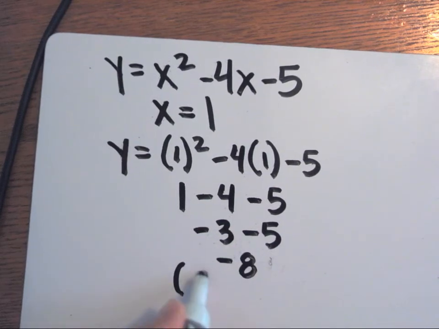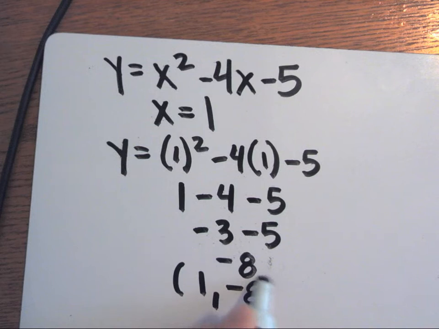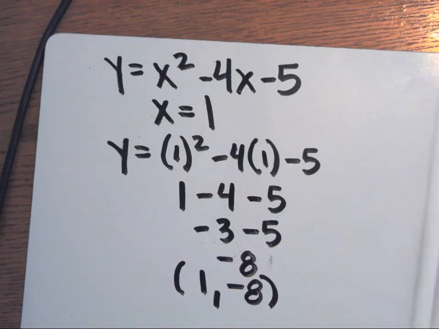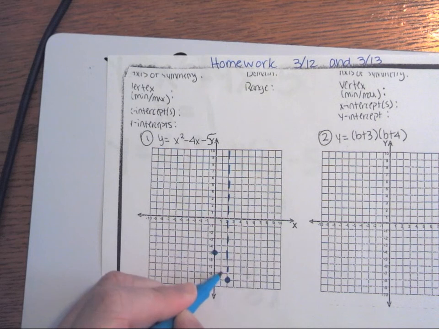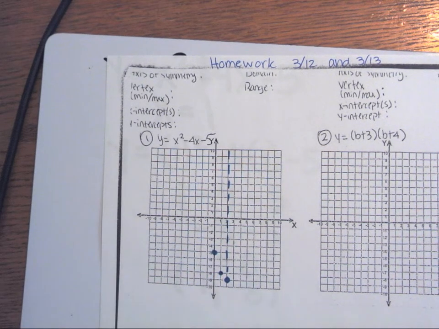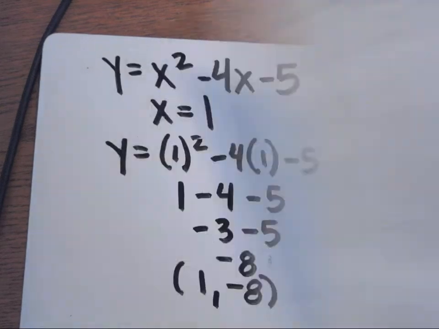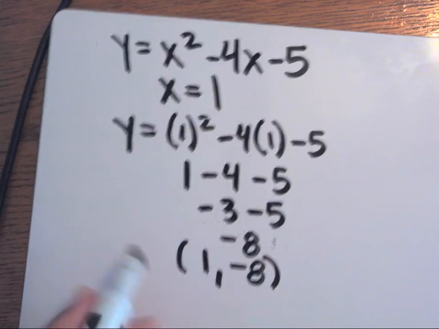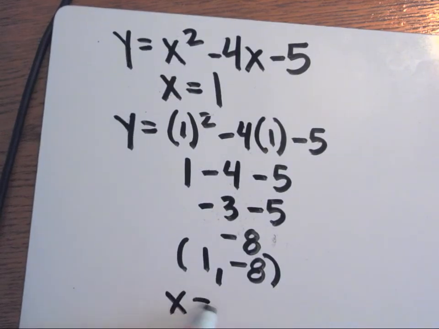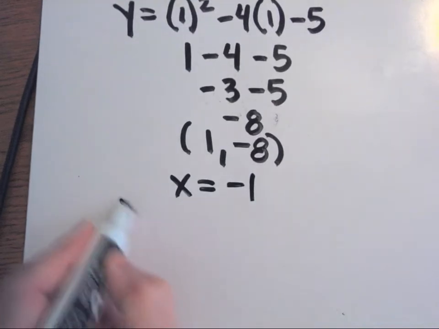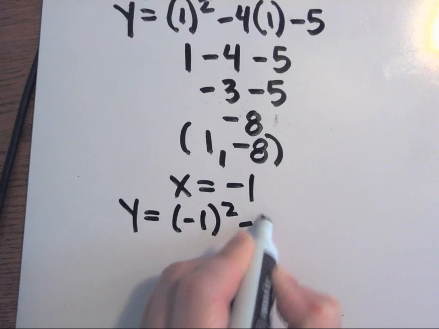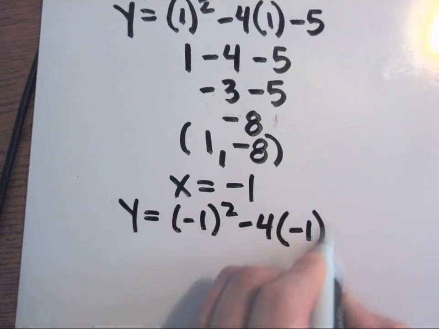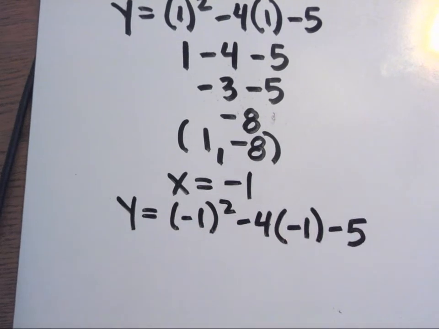I will have a point at 1, negative 8. Plot that on my graph at 1, negative 8. Now I'm going to use the point where x equals negative 1. Again, substitute into my equation and simplify.